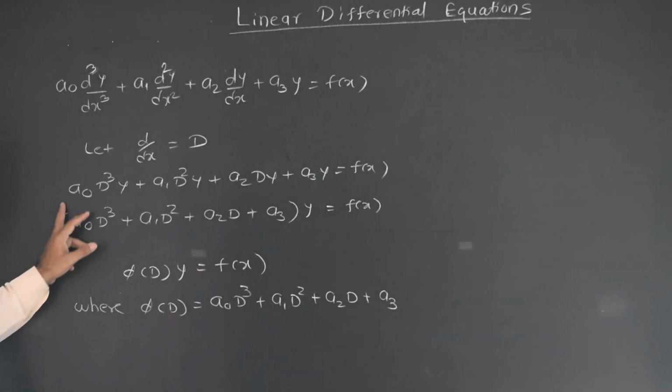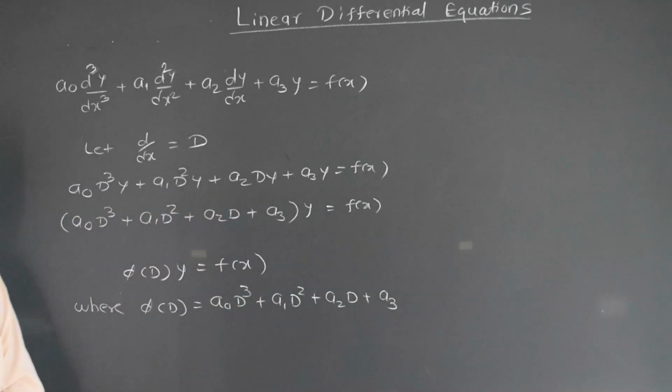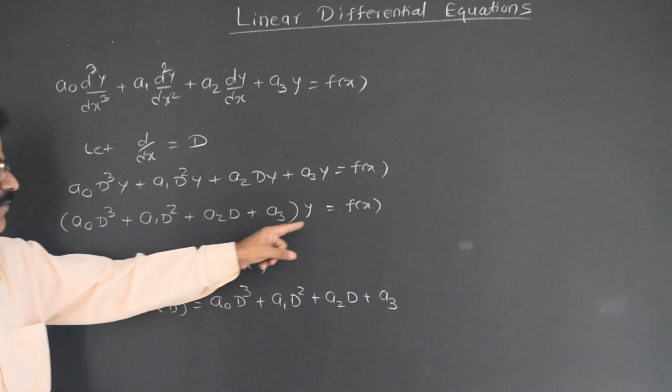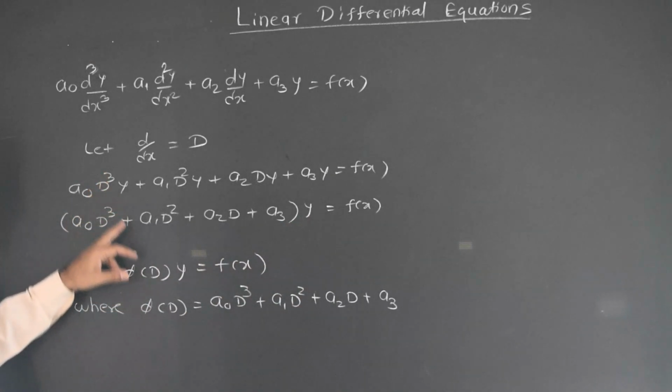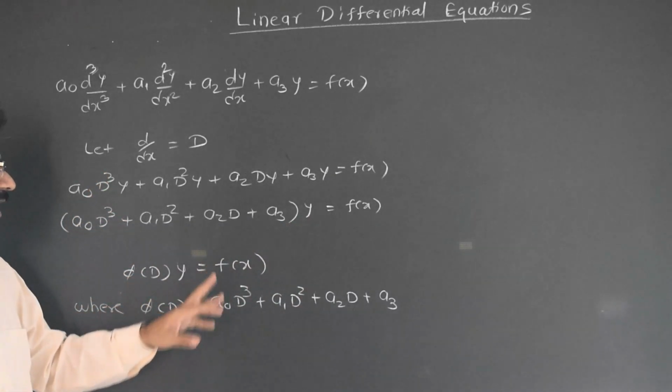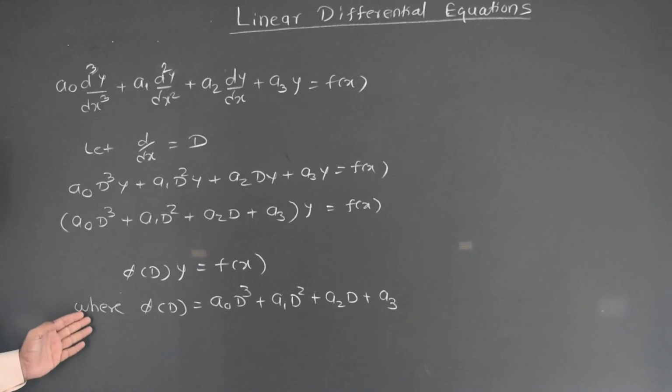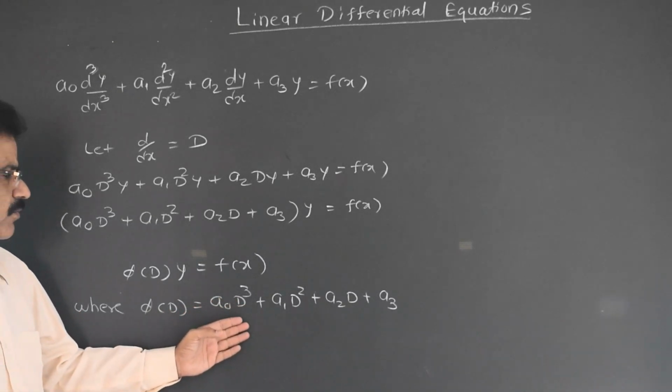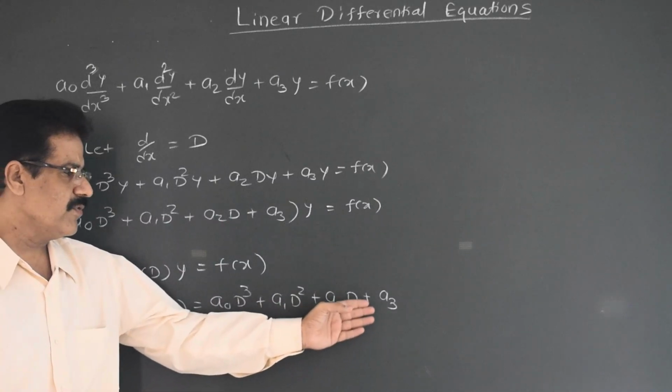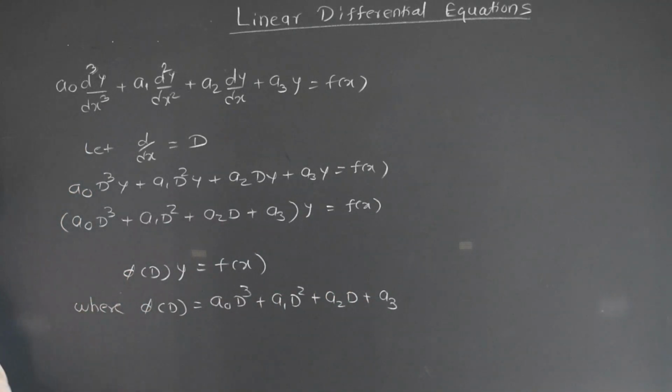Now from this LHS we are in a position to take y common. So let us take y common and then the equation will get reduced to the form phi(D) y is equal to f(x), where phi(D) is nothing but a0 D cube plus a1 D square plus a2 D plus a3. Why is it called phi(D)?